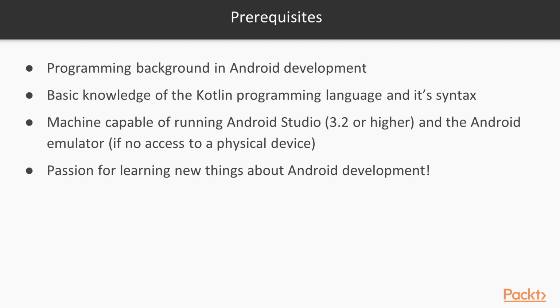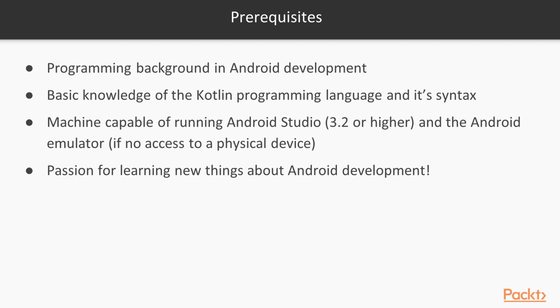You should have a certain basic knowledge about Android development, or your background should be somewhere in Android development. It's also important that you at least have basic knowledge of the Kotlin programming language and its syntax, as we are not going to cover any details on that in this course.